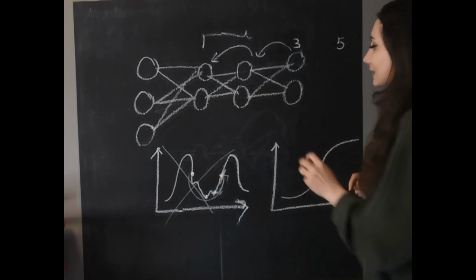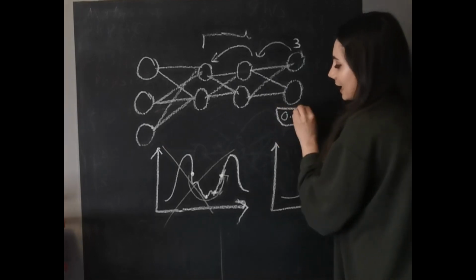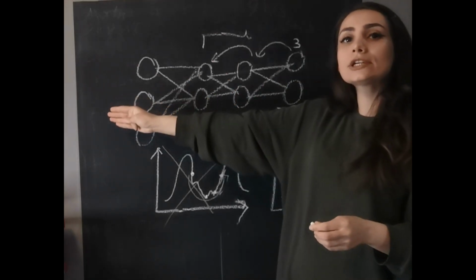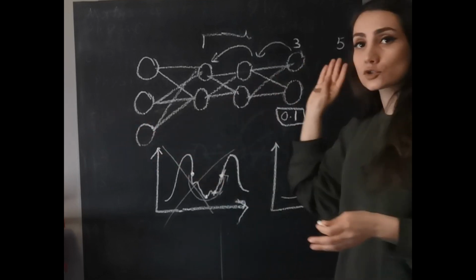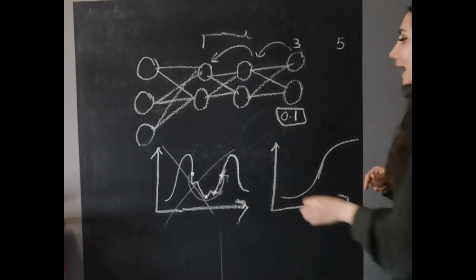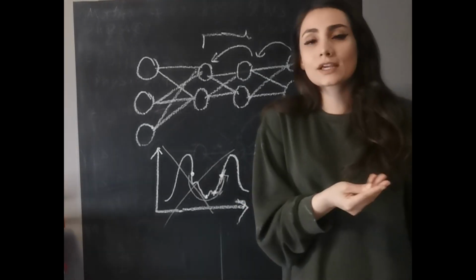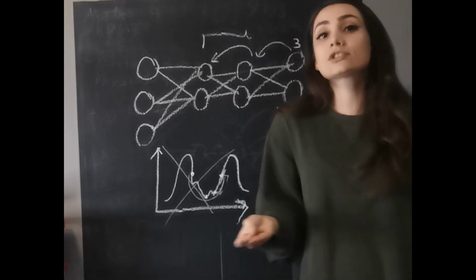So for example, if my activation gradient is 0.1, and I have so many layers of neurons, and I keep going backward and multiplying 0.1, 0.1, 0.1, 0.1, it's going to become very close to 0. That means you're changing that weight by almost nothing.